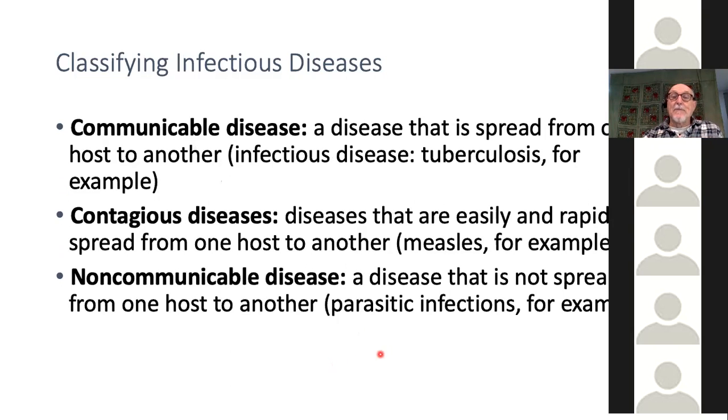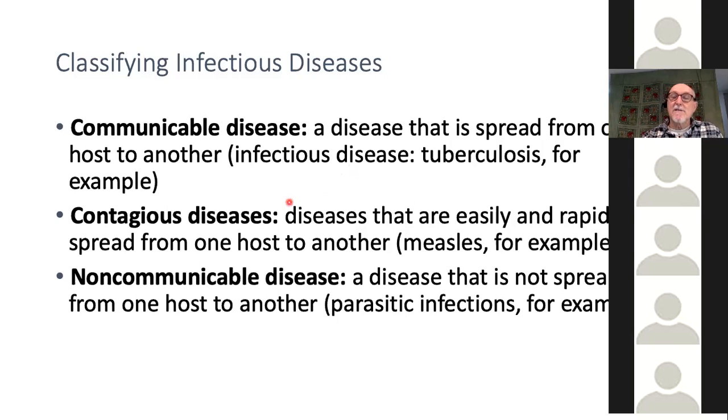Okay, so we are largely going to be talking about communicable disease. In the case of both viruses and bacteria, most of the disease that is caused is communicable. That is, it can spread from one host to another by whatever mechanism. So it is communicable by one means or another.